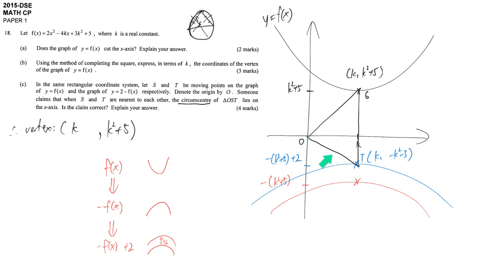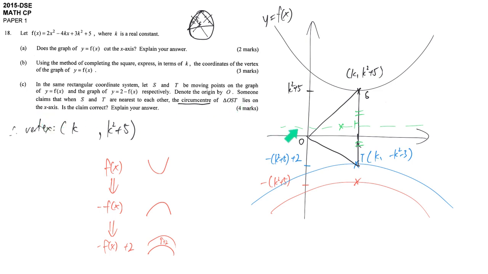OS and OT are not that convenient. ST is really convenient, because this is a vertical line. So the perpendicular bisector of this line is a horizontal line. And then the circumcenter is somewhere on this line. They ask, is that line the x-axis?